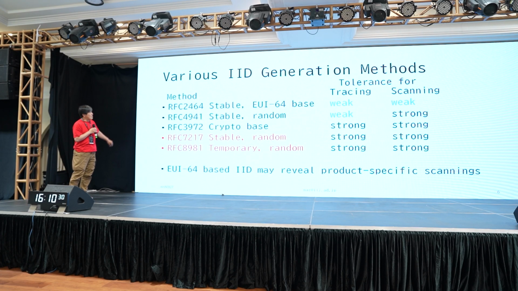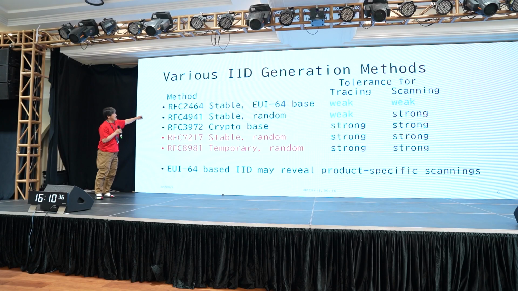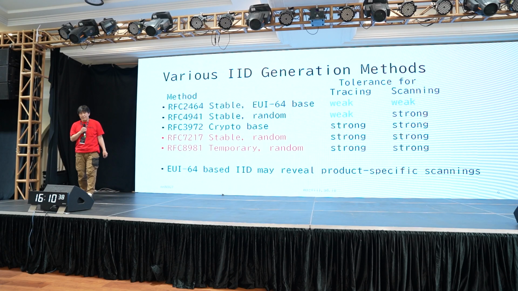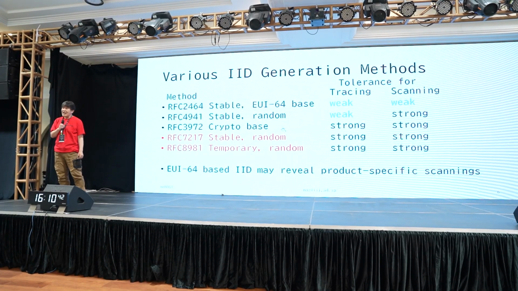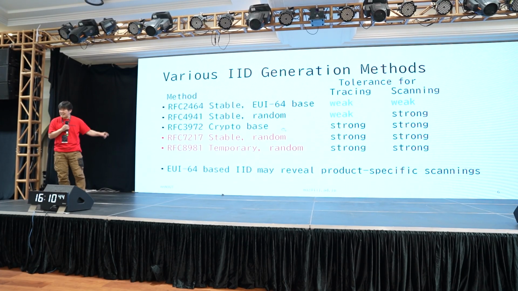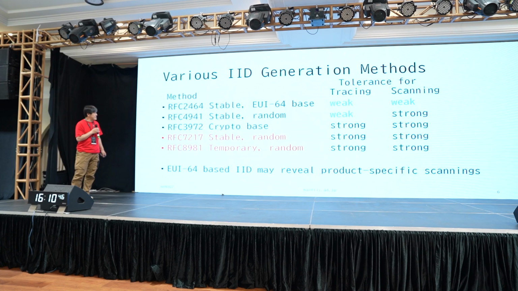There are a bunch of methods to generate your interface ID. This is a very old one, EUI-64 based IID. Still, it's very common. Routers are still using this method to generate the IPv6 address of the interface.